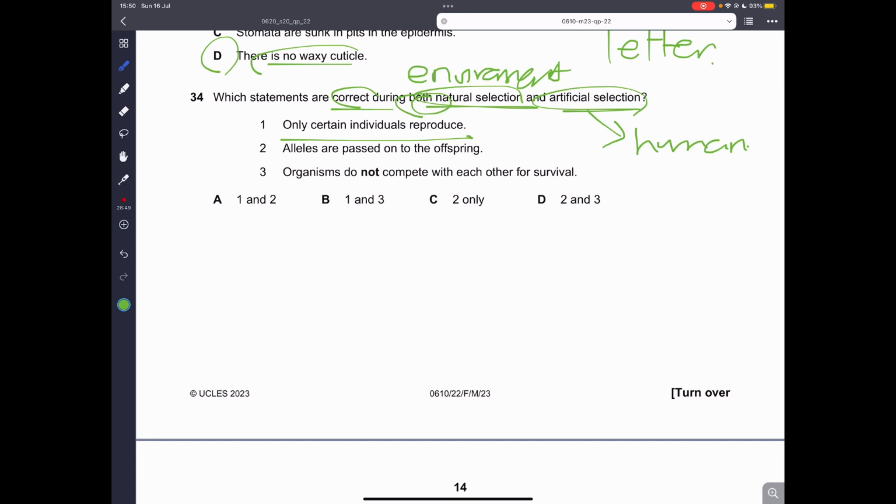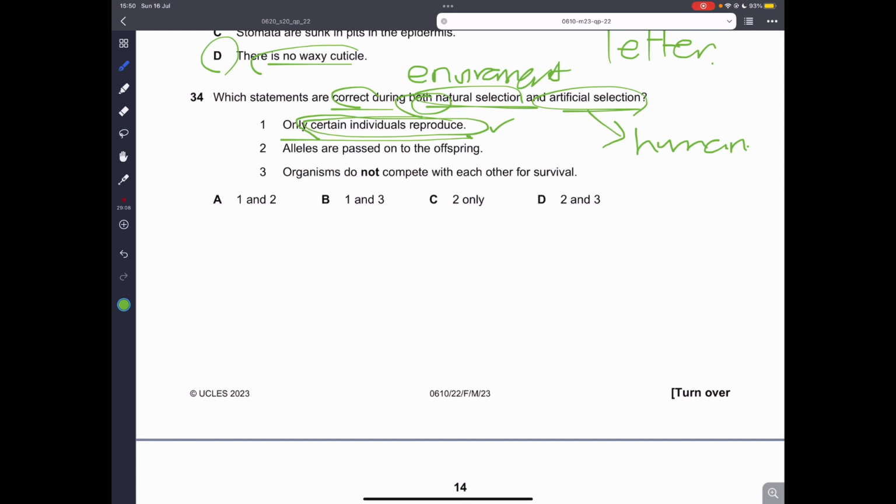So, only certain individuals reproduce. This is true for both, because in natural selection, only the strongest or the fittest organisms mate with each other.